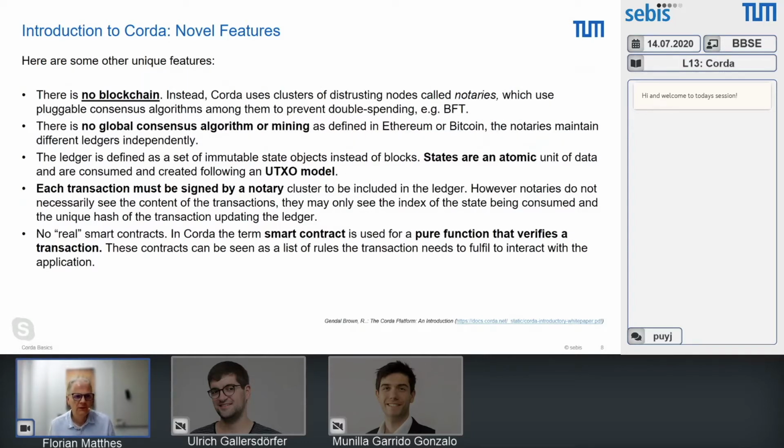Okay. So again, we summarize: no blockchain, no global consensus algorithm or mining. As I mentioned, the ledger is defined as so-called immutable state objects. If you program with React, for example, or did monadic programming in functional programming languages, you know this.